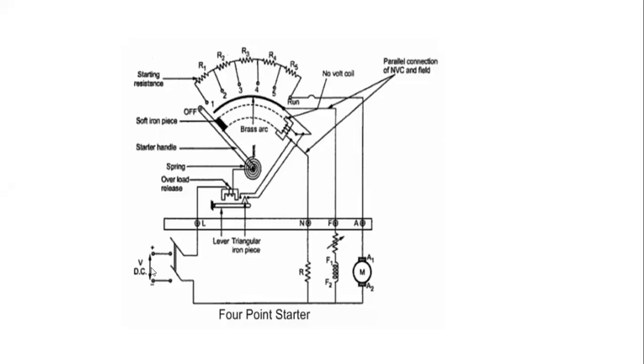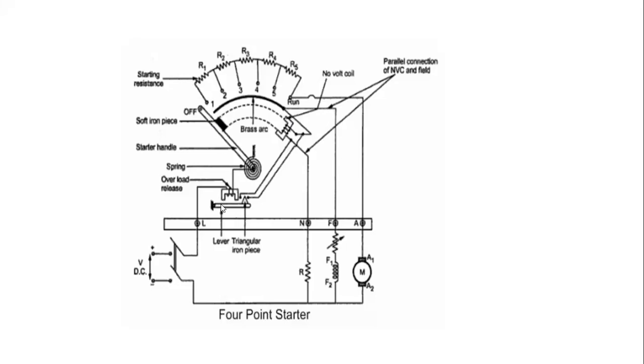If we cut the supply, the magnet is de-energized and releases the soft iron piece. Therefore, the handle goes back from the on position to the off position.